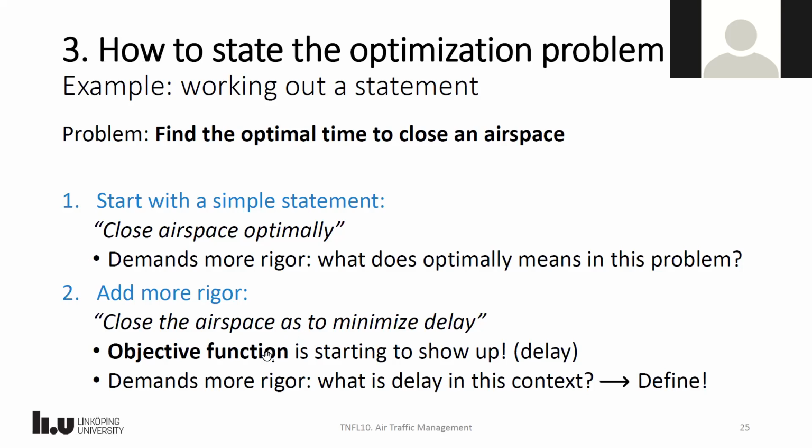In the case of the airspace, we are going to close the airspace as to minimize delay. So in this statement, we can see that the objective function is starting to show up. We have the delay as our goal, as our variable to minimize. Of course it demands more rigor, because what is delay in this case? We have to keep defining.